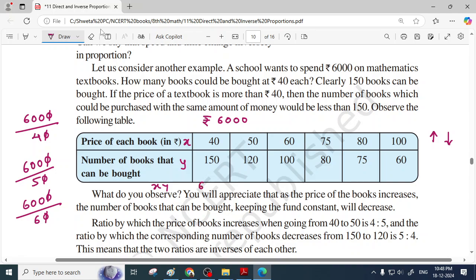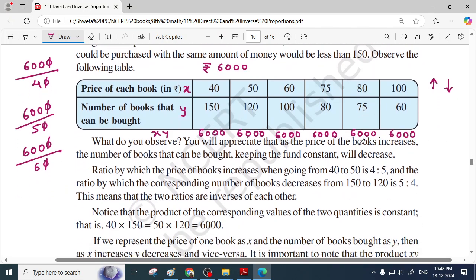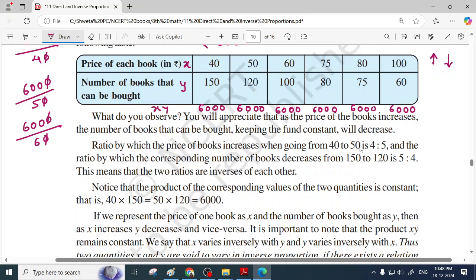This is 6,000. 15 4s are 60, so 6,000. 12 5s are 60, so this is also 6,000. 100 into 60 is 6,000. 75 into 80 is also 6,000. 80 into 75, 6,000. So here we observe that in inverse variation, the product x into y remains constant.